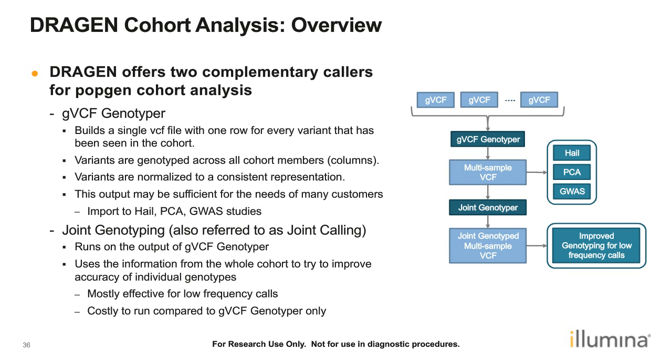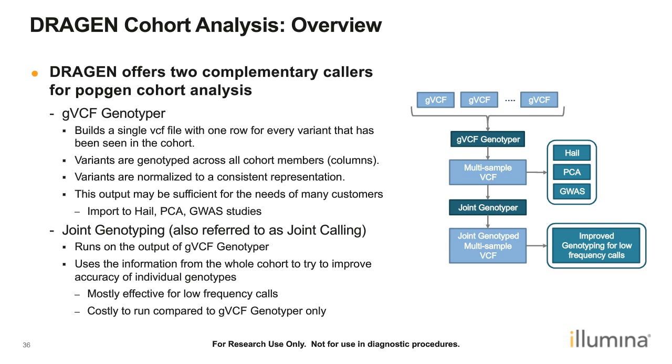But then there are some who want to go one step further, where they want to run the joint genotyping on that. So that's the second step, where again, there is some work being done around, does the joint genotyping across cohorts improve the genotyping for low frequency calls, essentially, right?